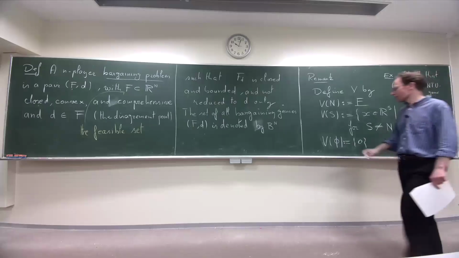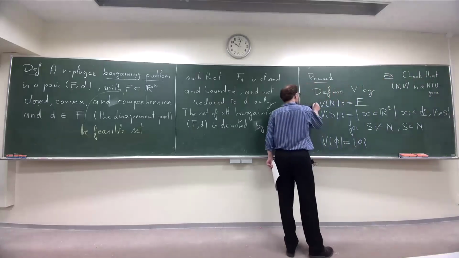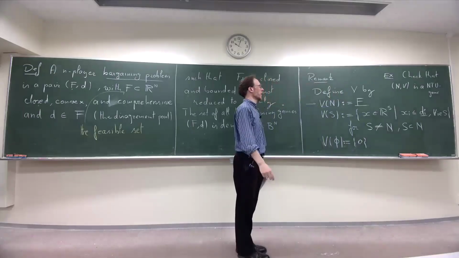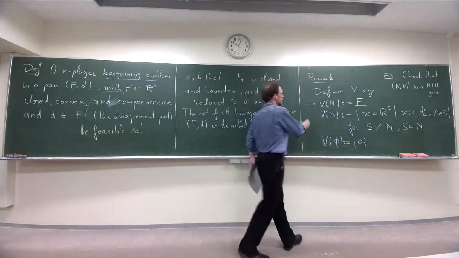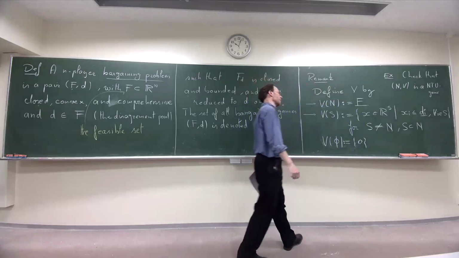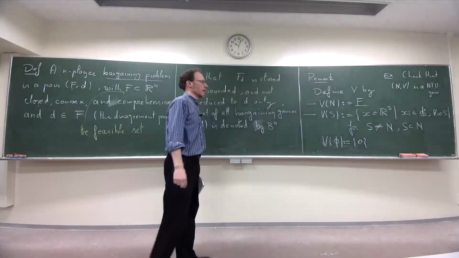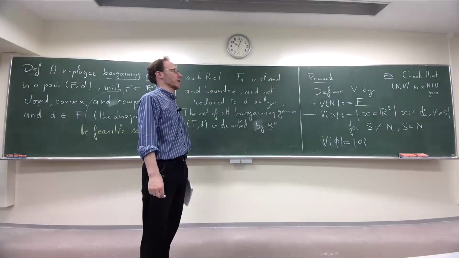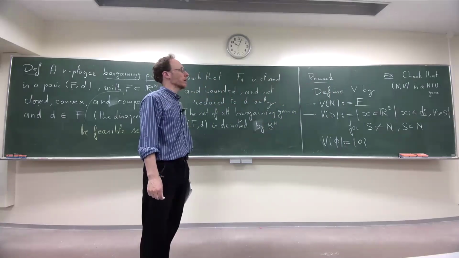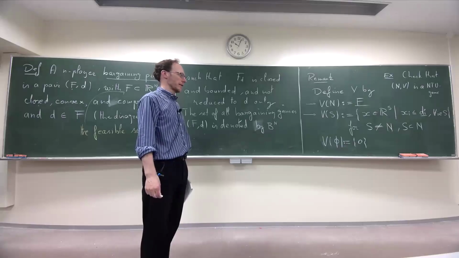Why are they simple? Because this one is not trivial, it depends on F. But these ones are quite simple. You have only the information about d_i, so all these sets look quite similar.